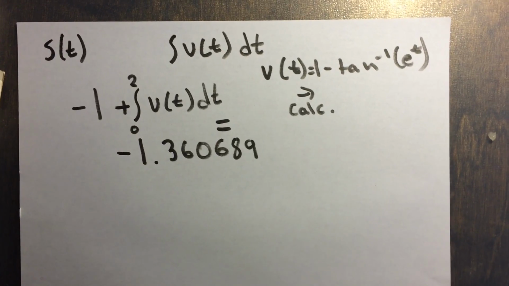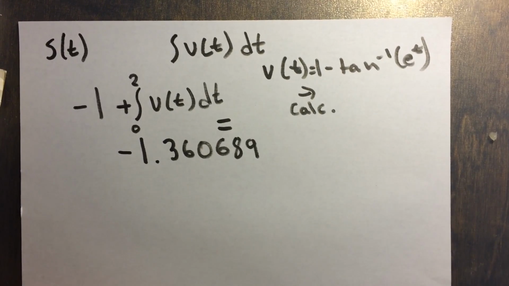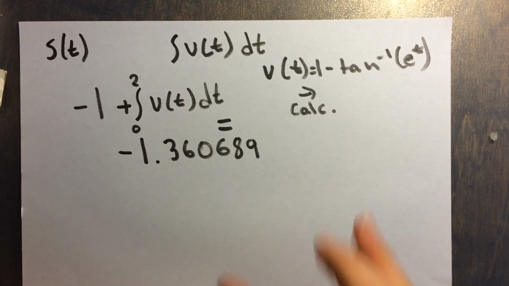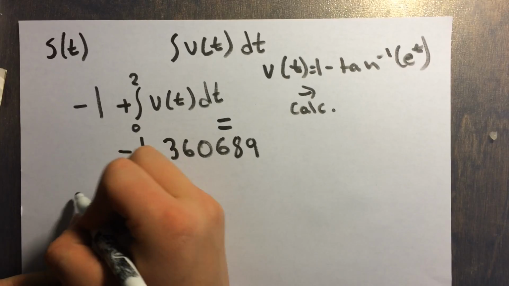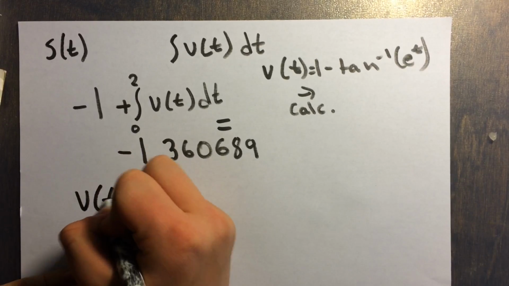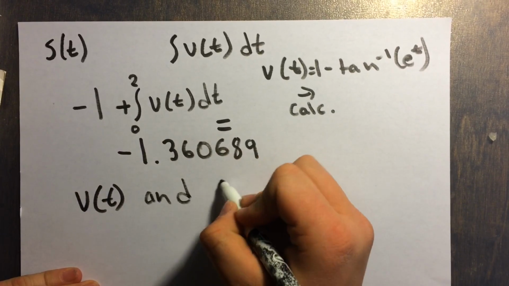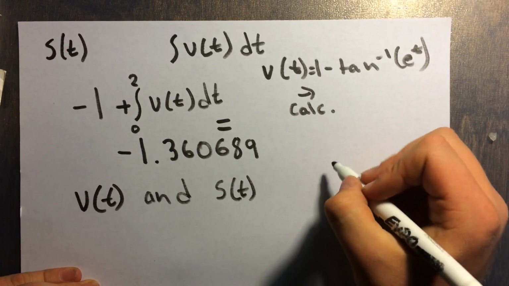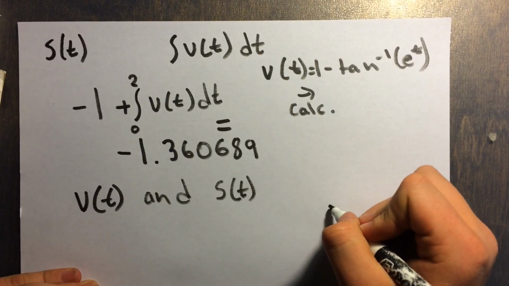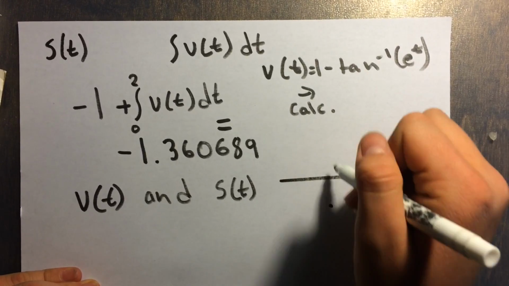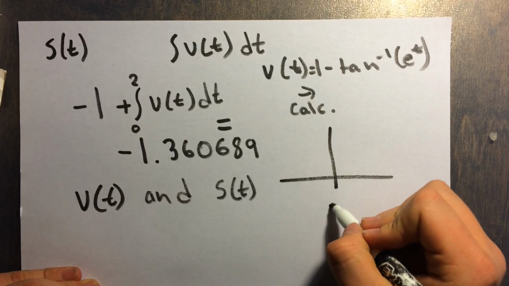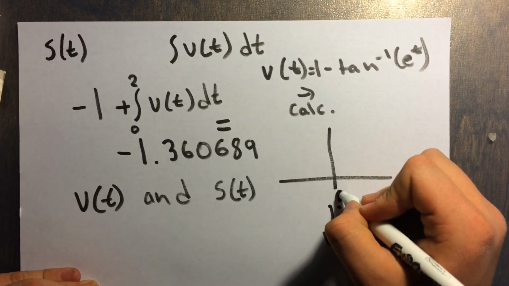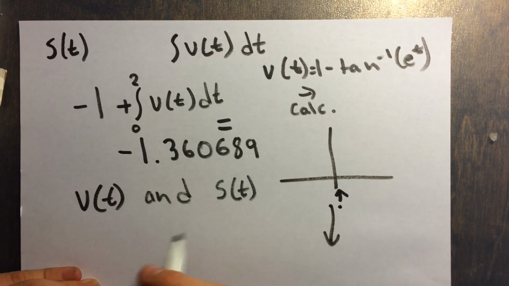Now, finally, we must check if the particle is moving away from or toward the origin. To do this, we look at the signs of the velocity function and the position function. If the particle is moving in the negative direction and is in negative territory, it is moving away from the origin. But if it's in negative territory but moving positively, it's going toward the origin.